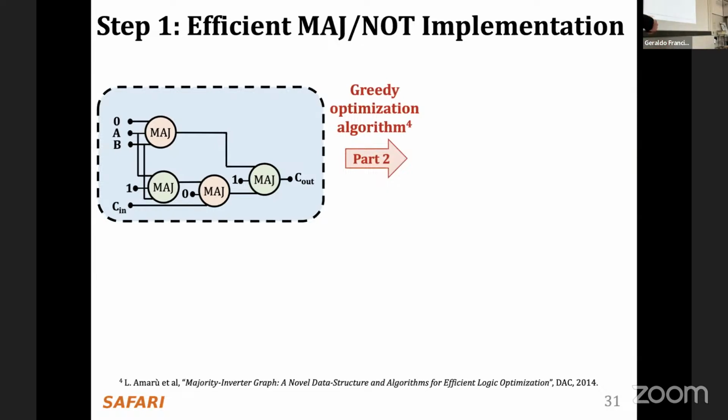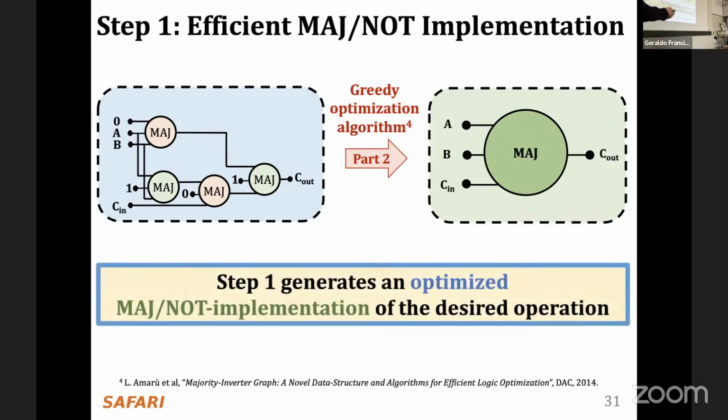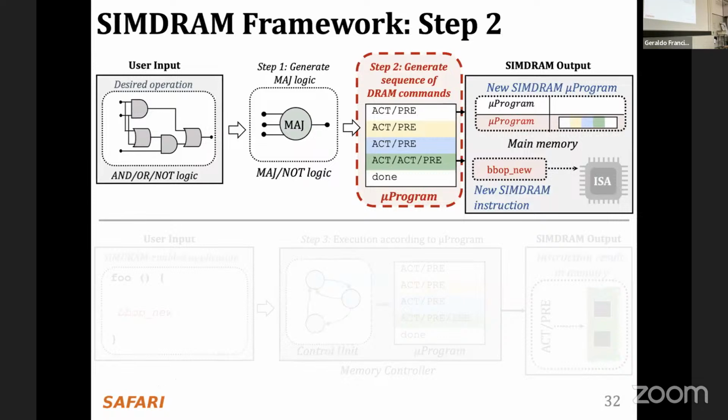We implement this graph optimization algorithm that, again, if you think about Boolean minimization, if you think about De Morgan's law, all those things apply to majority gates. We apply this optimization to the circuit, and then we have an efficient implementation of that initial AND, OR, NOT based circuit using only majority gates. This is going to translate later on to a fewer number of triple row activations that you need to execute.